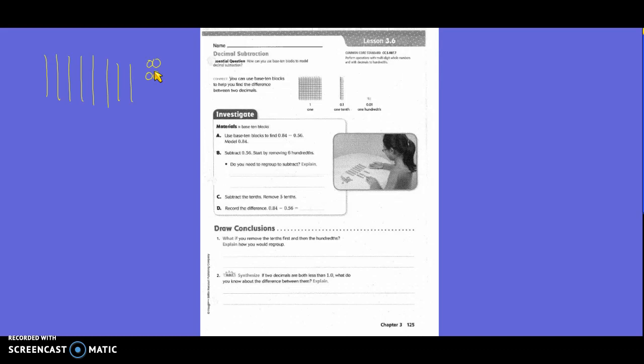No. So yes, we would need to replace 1 long with 10 small cubes. So we're going to get rid of one of our longs and then put how many small cubes? 10, right?